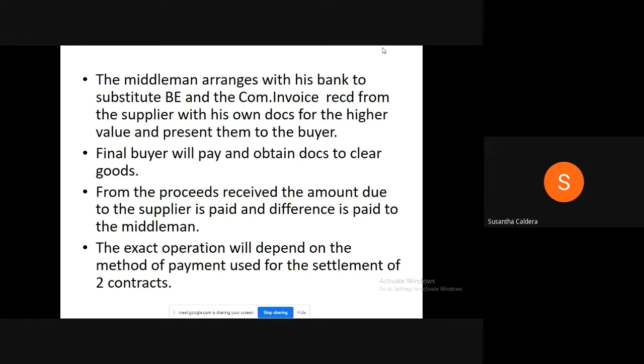So the Chinese guy is paid at the $2 per unit price again. The balance will be the middleman's profit. This $4 will be the middleman's profit. The exact operation will depend on the method of payment used for the settlement of the two contracts. Right?